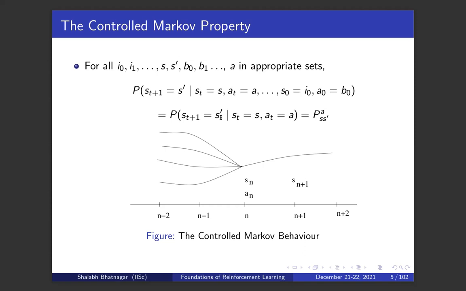If it turns out that it depends merely on these two quantities, the state at time t being s and the action at time t being a, it does not depend on how you arrived. That's what this figure is indicating. As long as I know that at time n I am in state s_n and the agent has chosen action a_n, how you arrived at state s_n is immaterial. The next state will depend only on these two quantities. That's basically the controlled Markov property.